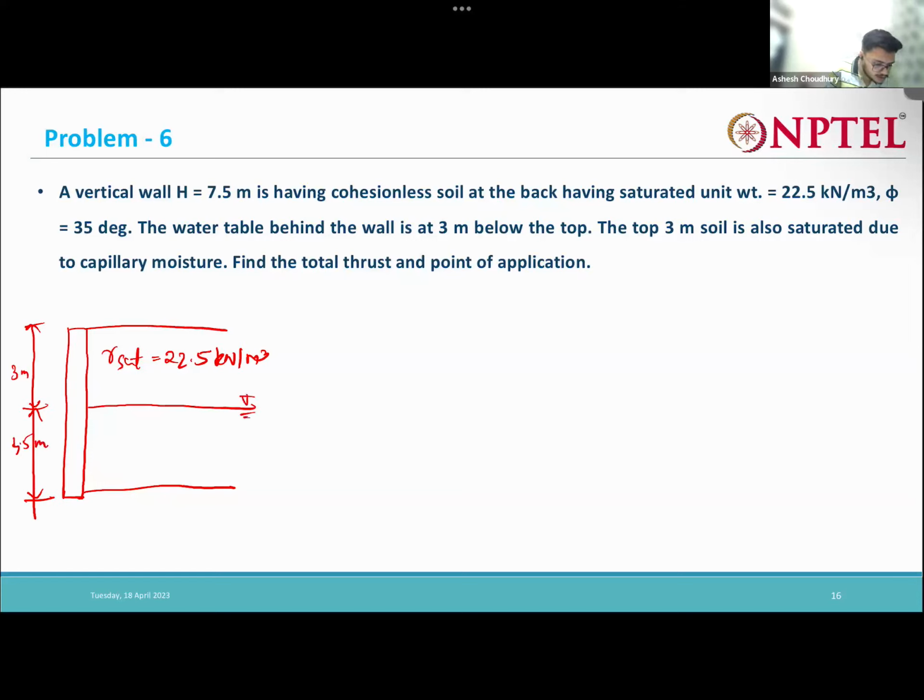Here water is there. So how much is K? 1 minus sin 35 by 1 plus sin 35, I think about 0.27.